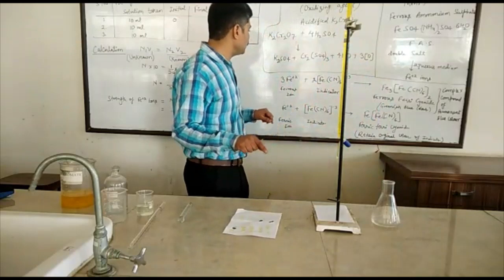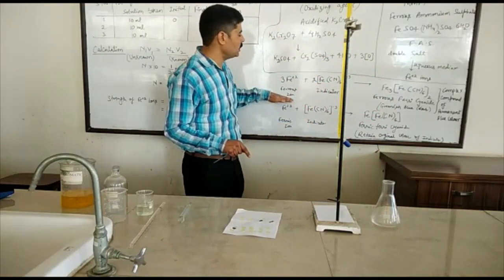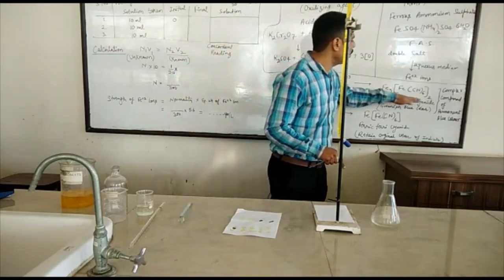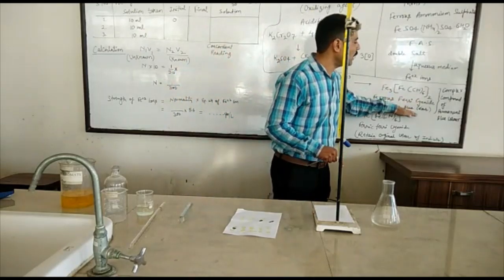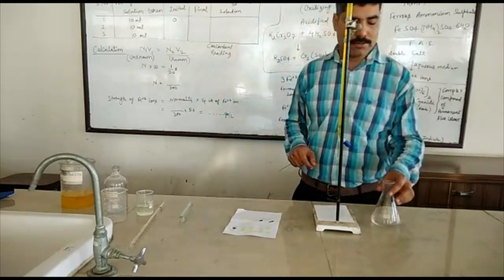During this, a reaction takes place. Ferrous ion, when it reacts with the indicator, forms a compound named ferrous ferricyanide of greenish blue color, and it is a permanent color.